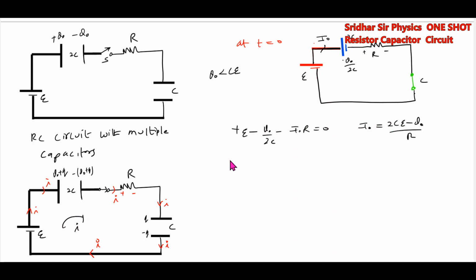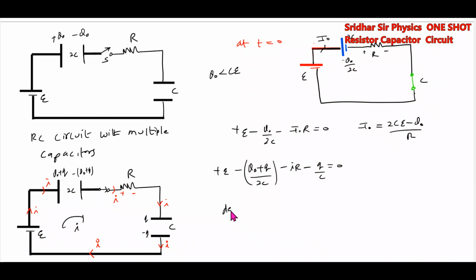Then at any time t, we'll write down the equation: plus E minus Q naught plus Q by 2C minus IR minus Q by C equals 0.